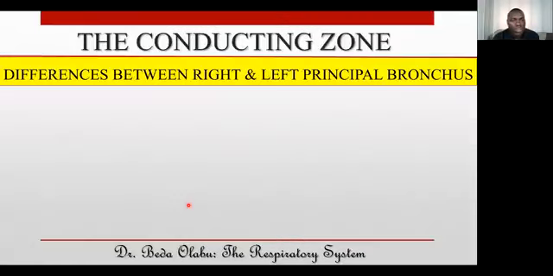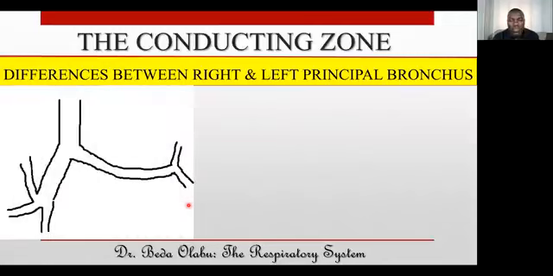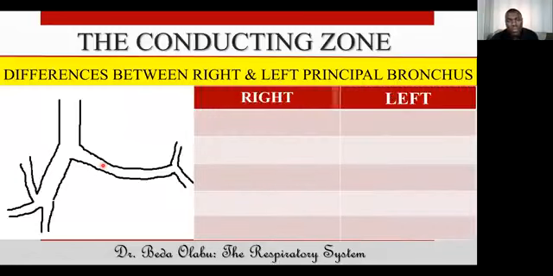Now we can talk about differences between the right and the left main bronchus. I'm using this diagram to show you the key differences. So I want you to look at the diagram and try to appreciate those differences.